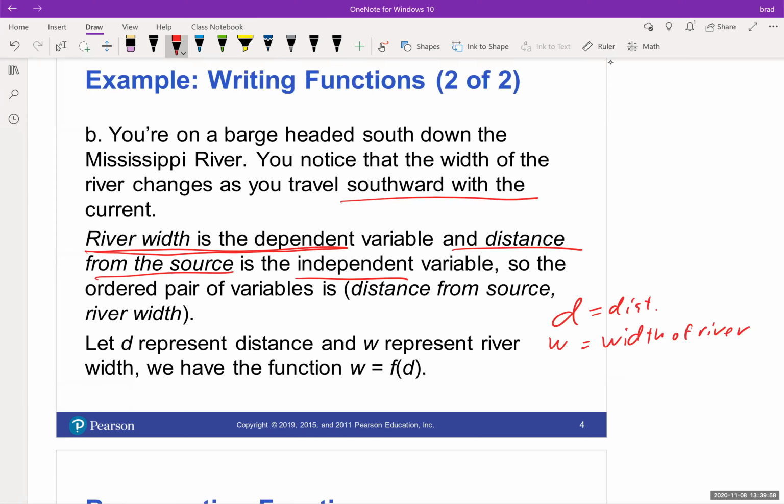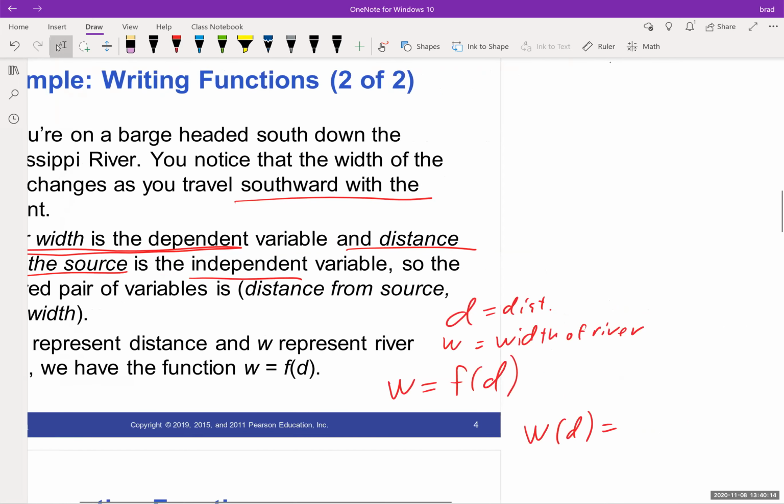So now they're going to say that the width of the river is equal to the function based on the distance. Now, me personally, I would prefer to say W of D is equal to something, and then we'll have to come up with something. But I think the reason they're writing it as F of D is they just want to show you that you could rewrite width as F of D, a function of distance.